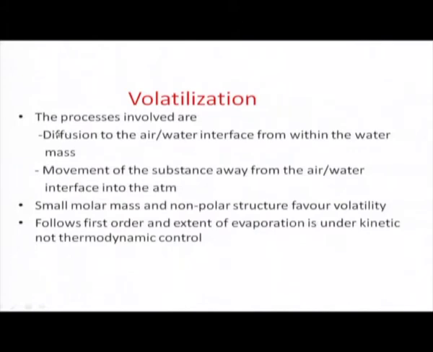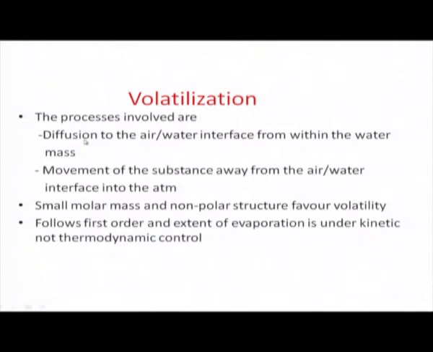Suppose you consider a particular solute which is volatile in nature and is present in the water. To escape or to be lost, it has to come to the air-water interface, and that normally takes place through the diffusion process. From the bulk of the water, it has to come to the top of the water, the air-water interface. This is happening through diffusion.